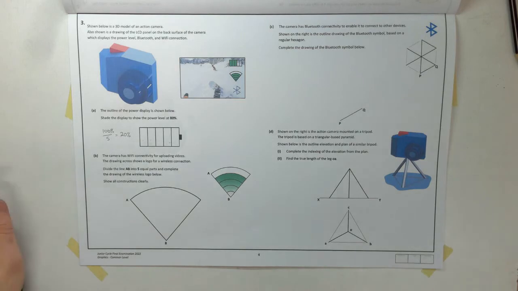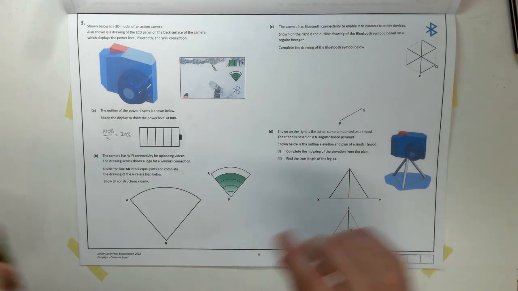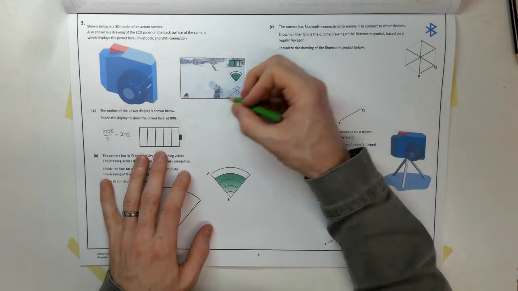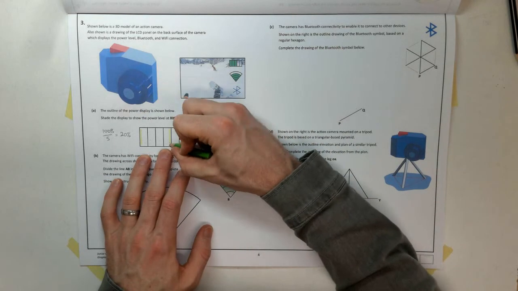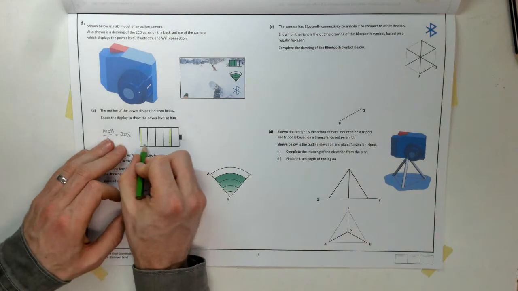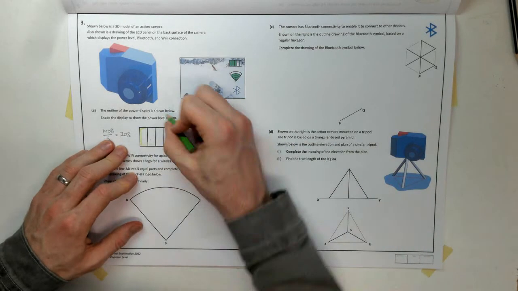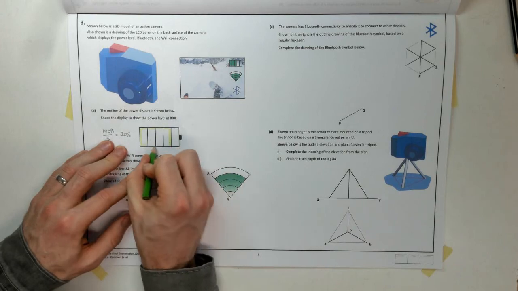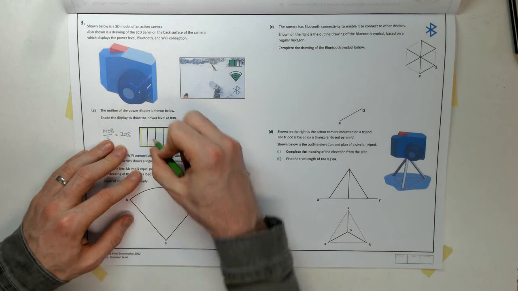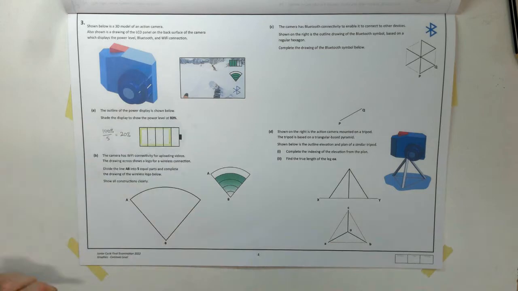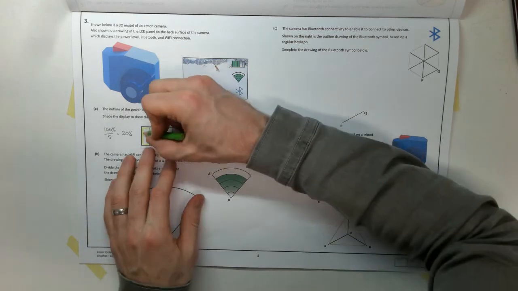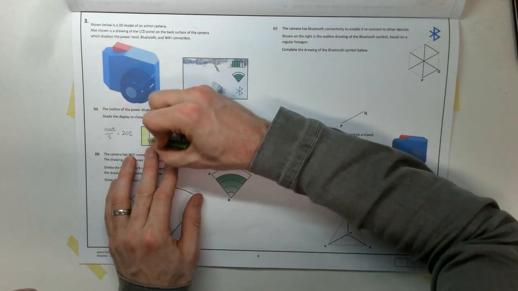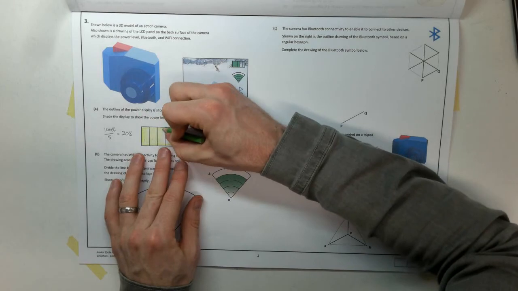Okay, so using our colors here, you can use whatever color you want. We're going to shade this display. Once it's nice, neat and tidy, you can shade this all the way up along.